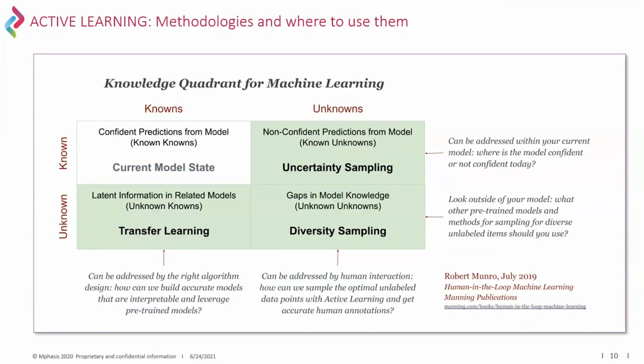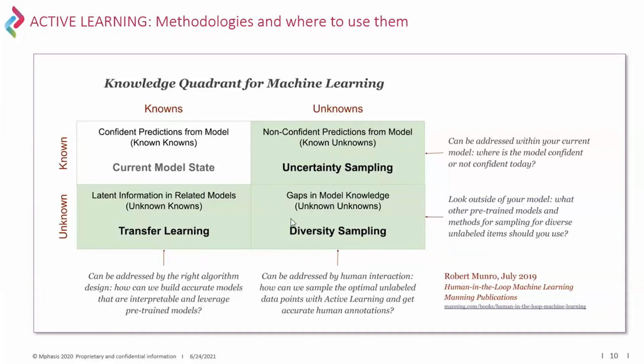And the second parameter is that the model knows that information and it has embedded that information in itself. The ideal scenario is you have already adopted AI and machine learning and you have a perfect, well-working model for your use case, which is the top left quadrant, in which case there is no role of active learning and you already have a well-functioning model.